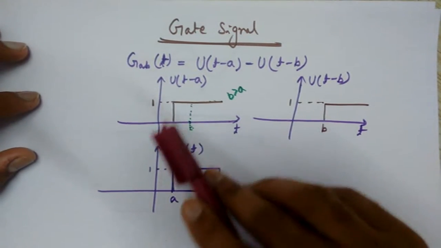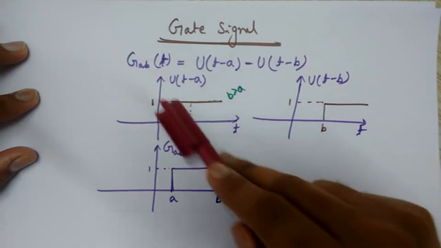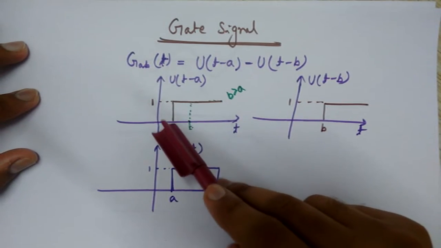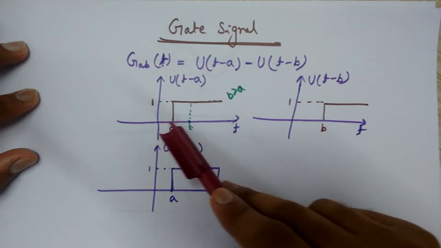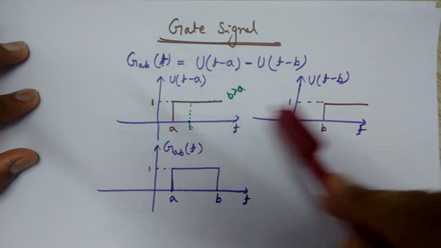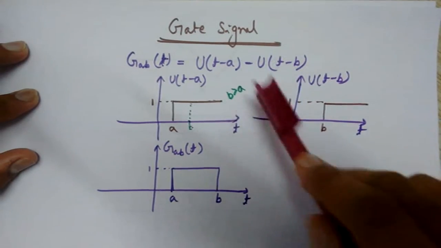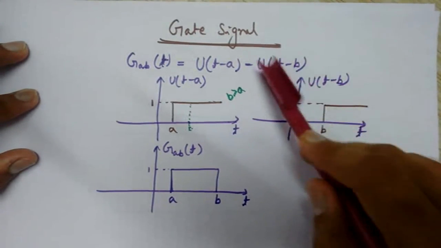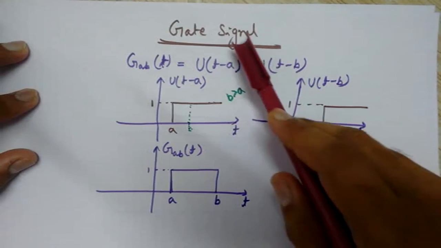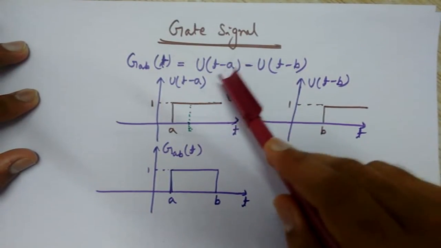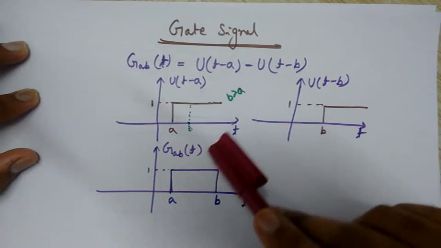So see here the graph of u(t minus a). We have seen them earlier. It has been shifted by constant value a on the right side, and this by b, and its amplitude is 1. If I subtract this u(t minus b) signal from this u(t minus a) signal, here I'm taking b greater than a.